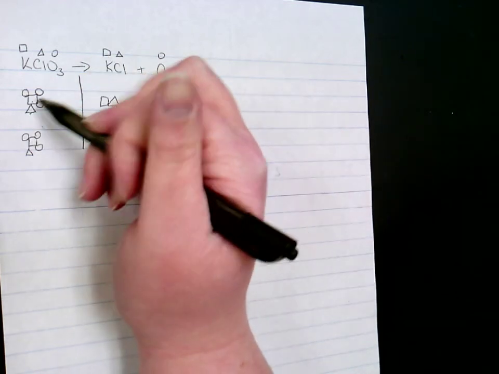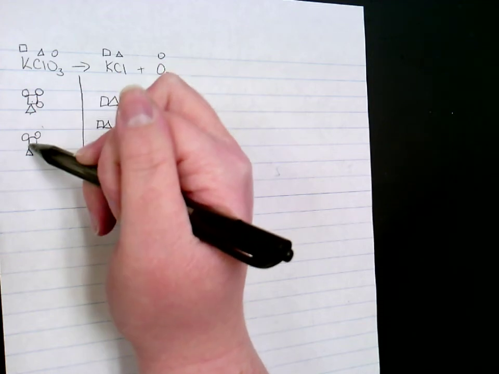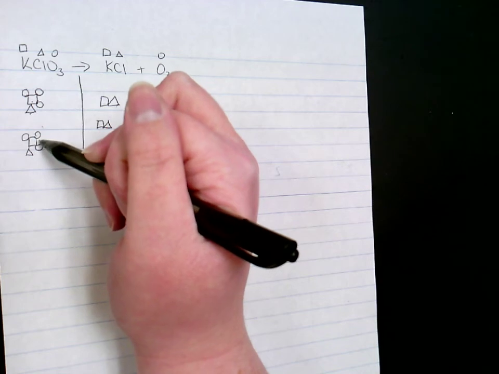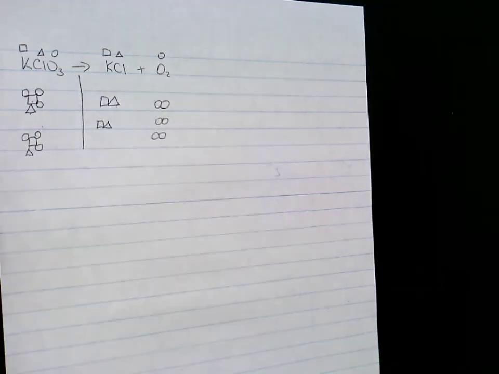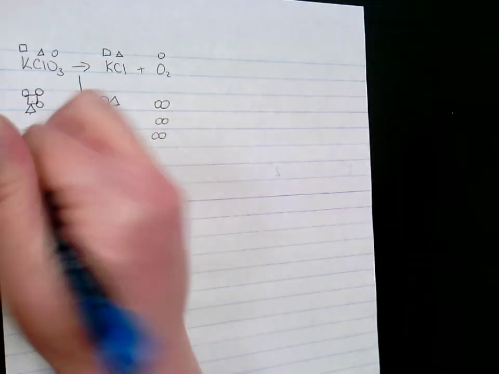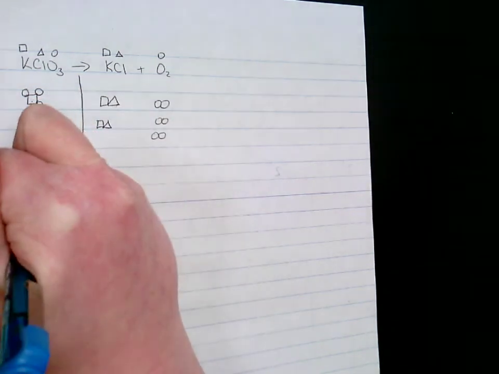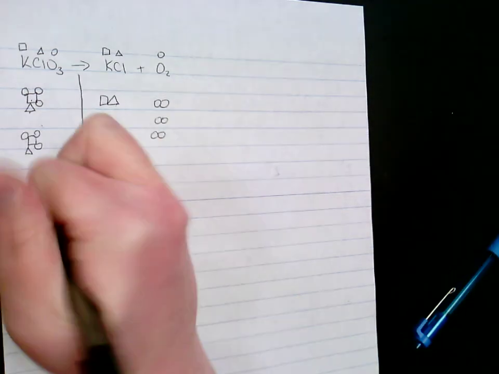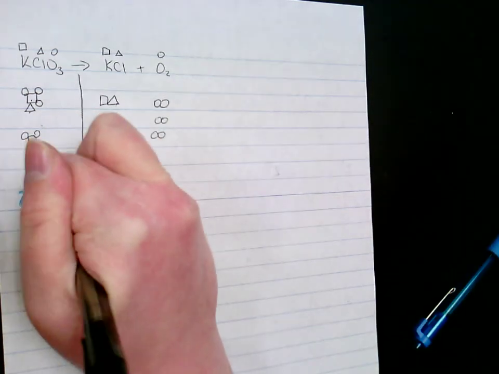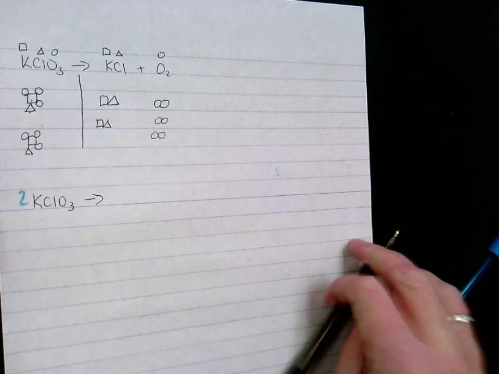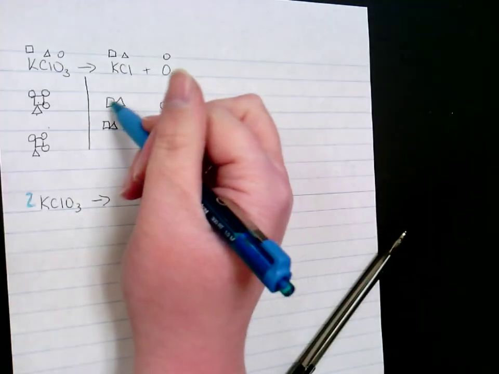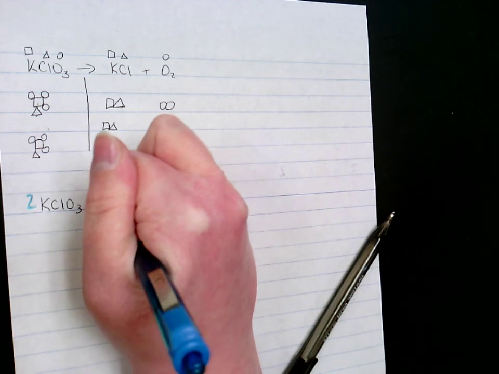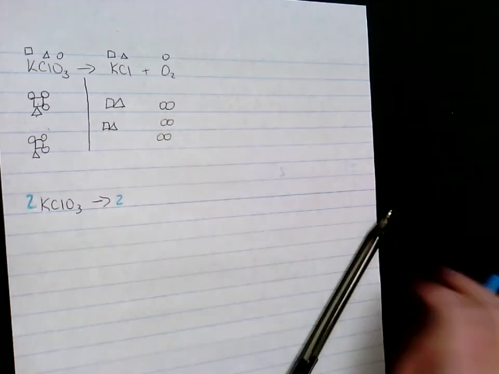For those, in this method, you look at how many of the drawings you did. So here I had to have 2 of these drawings, which means that I'm going to have a coefficient of 2 in front of KClO3. Okay. And I also have 2 of these drawings, so my coefficient in front of KCl is also going to be 2.